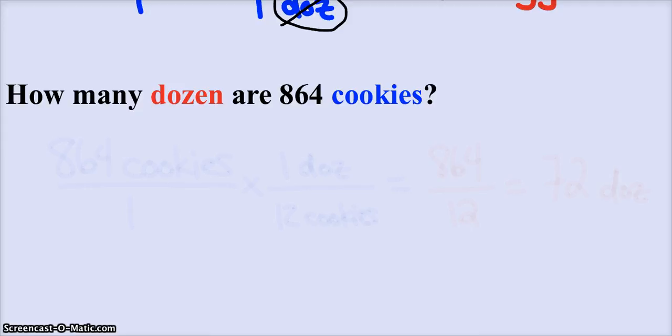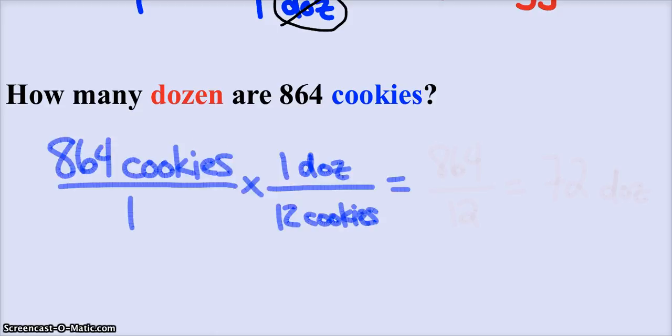Again, I set up my problem by taking my given measurement, 864 cookies, and I place that over 1, and then I take the unit, cookies, and put it down in the bottom of the next conversion factor because I have to cancel it out and change it into what I'm trying to find out about.